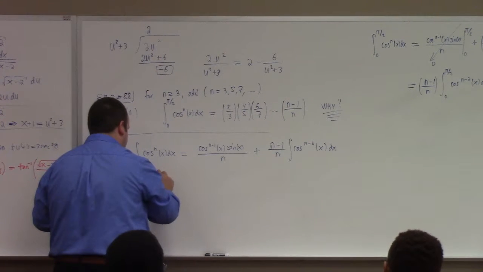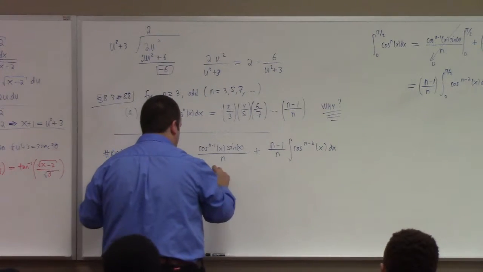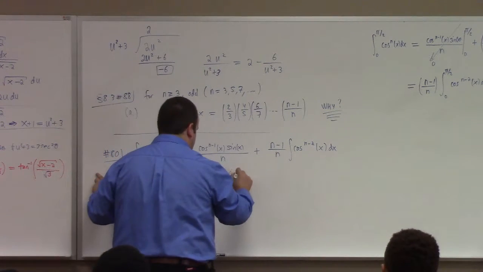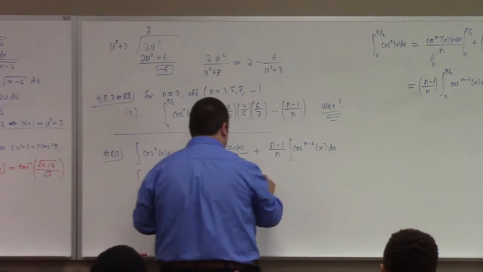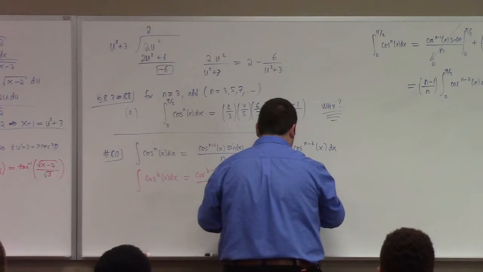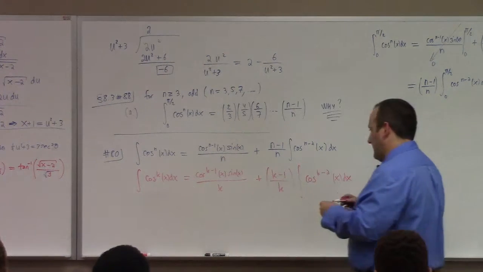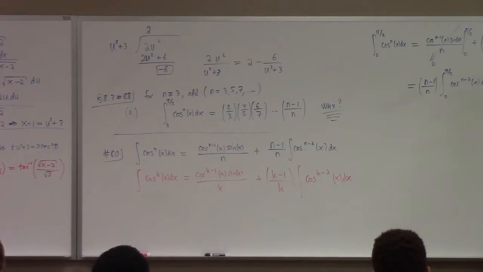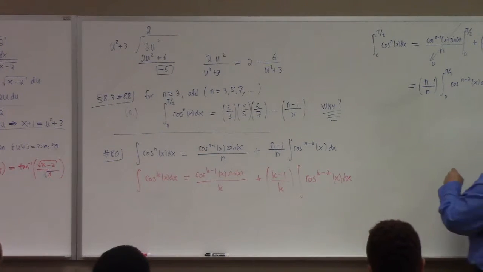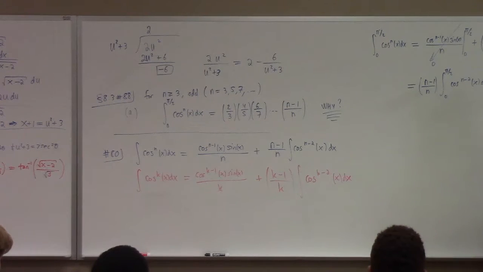So this is the integral of cosine^k of x dx equals cosine^(k-1) of x sine x over k plus (k-1)/k times the integral of cosine^(k-2) of x dx. So I'm going to put k equal to n minus 2. All right? Make that substitution. In the result from number 80, what happens?